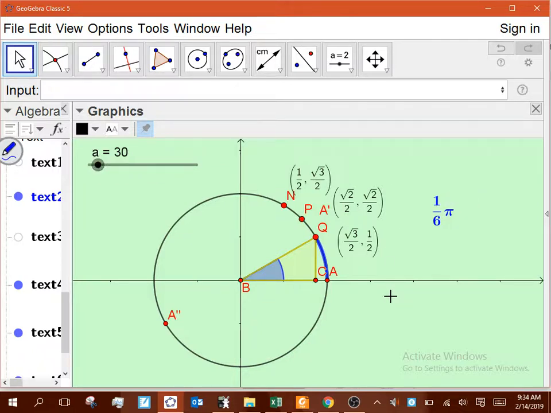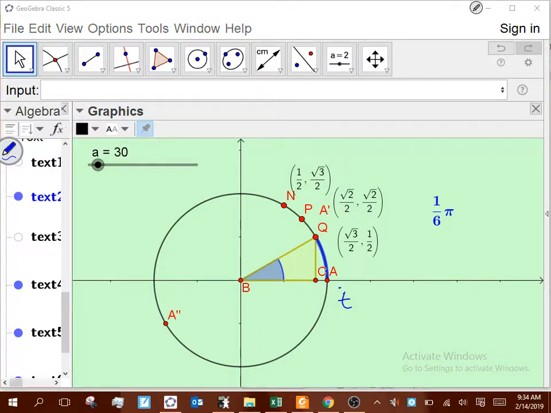Let's say t or theta is, let's go, 7 pi over 6.